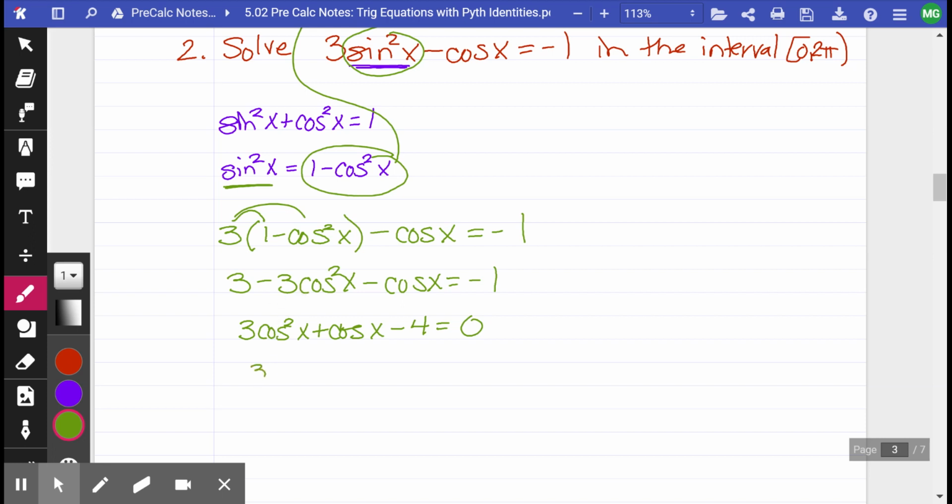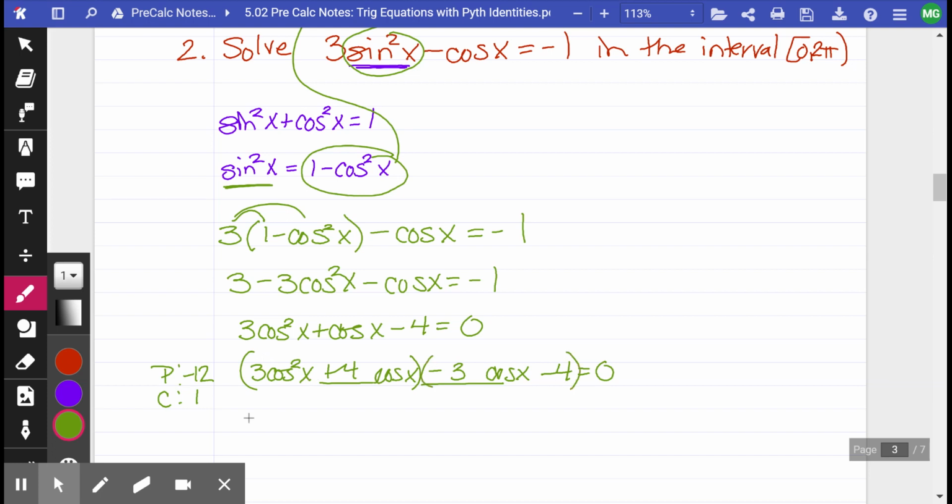All right, so again, you would do your 3 cosine squared x, split the middle. I'm going to do it in terms of my cosines, but if it is easier for you and makes more sense, then go right ahead and put in an A everywhere you see your cosine of x. So we've got our p is -12 and c is 1, which means you should have had +4 and -3.